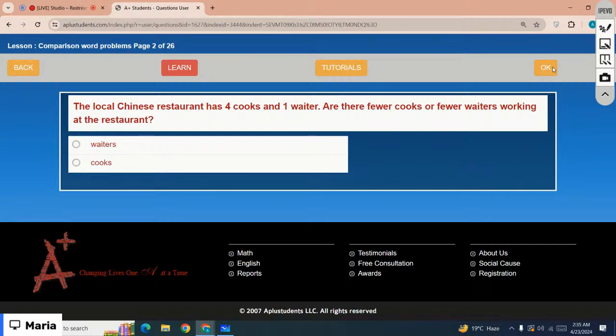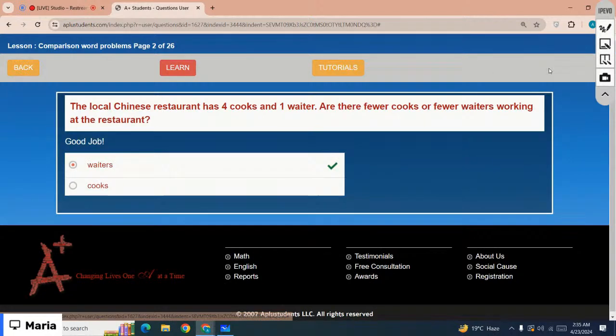So they have fewer waiters, right? The correct option is fewer waiters, because only 1 waiter and 4 cooks, so one is less than four, right?